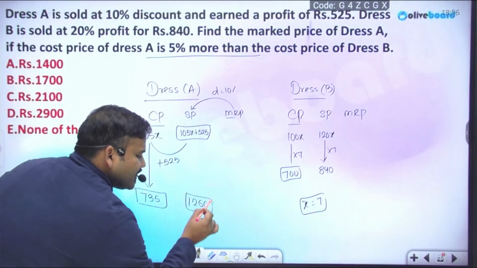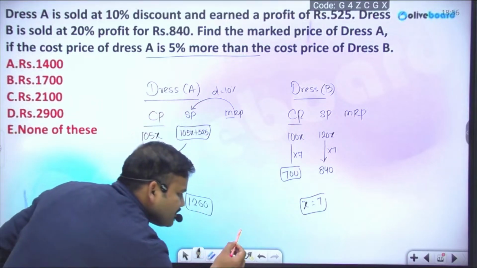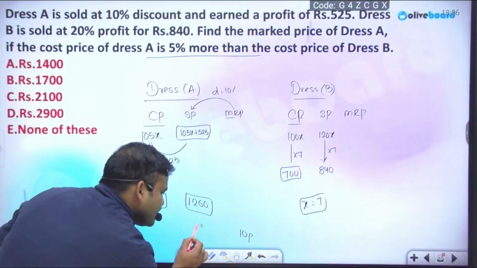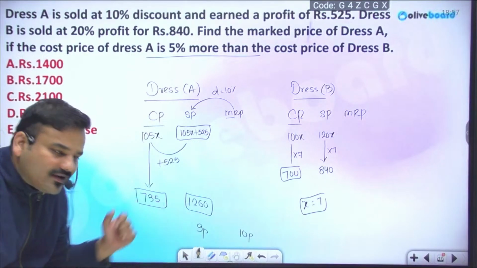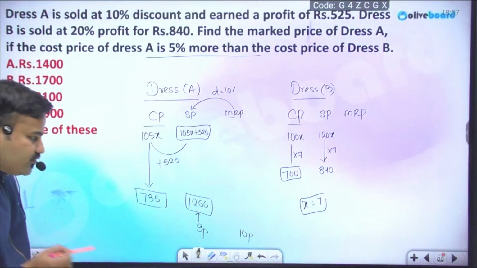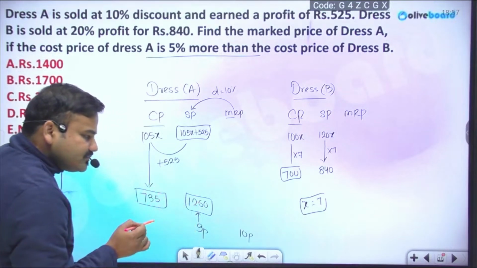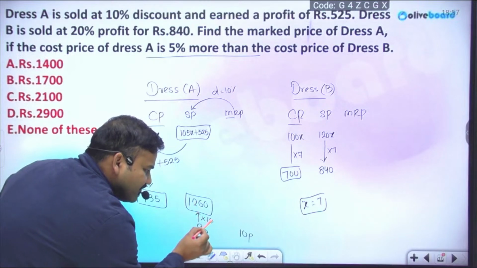And this particular value was sold at 10% discount. 10% discount means the article of 10 being sold at 9 units, isn't it? On MRP I will be giving a discount. So this is representing 9. So this is 9 times of how much? 9 times of 140 is 1260, so this is 140 times.